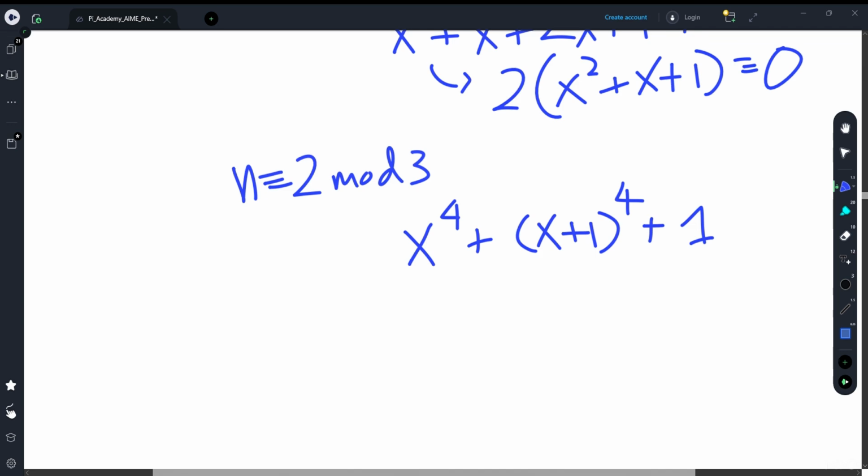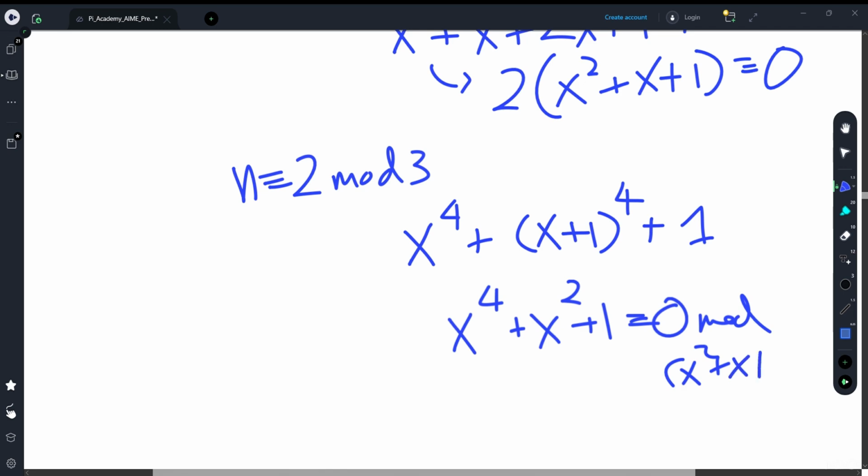Basically, evaluating this, we get x to the 4th plus x squared plus 1, which is 0 mod x squared plus x plus 1.